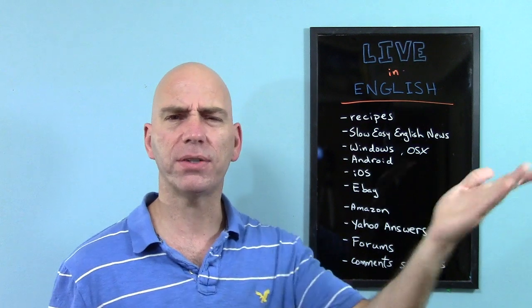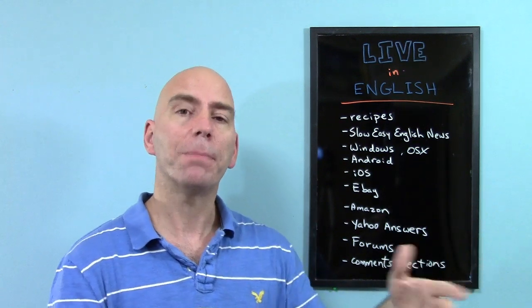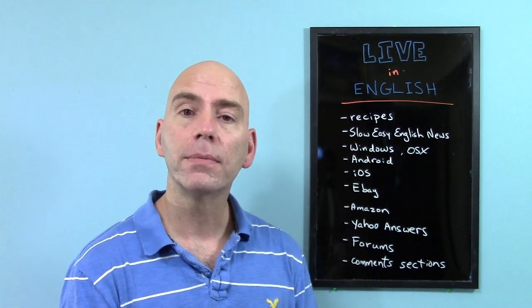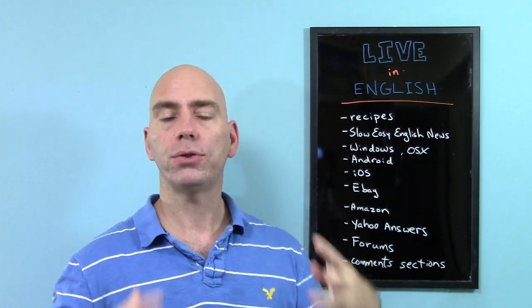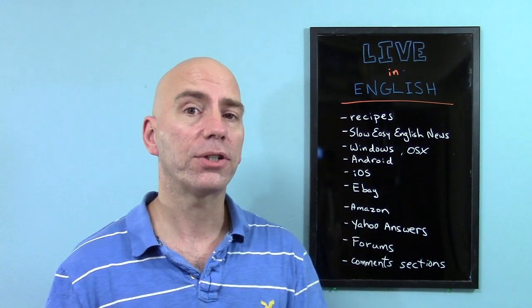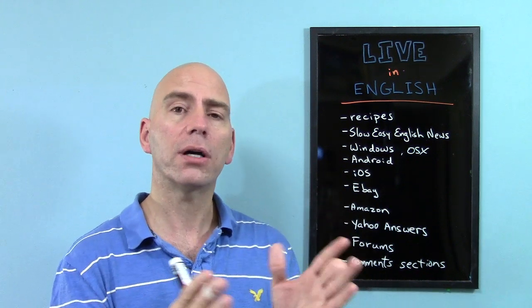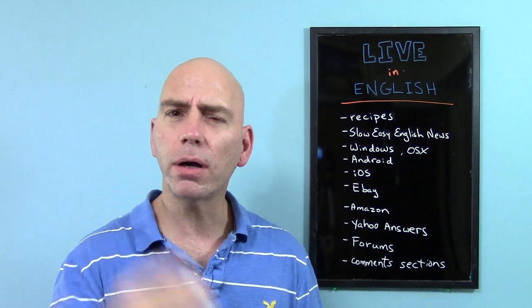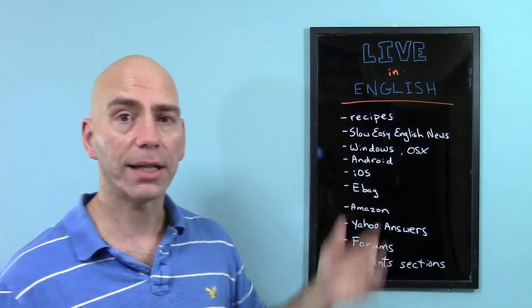I'm sure some of the store websites are the same, but my point here is don't only use it for input, but also use it to accomplish a task. Use it to accomplish a task, and you are just a little bit more living in English, okay?